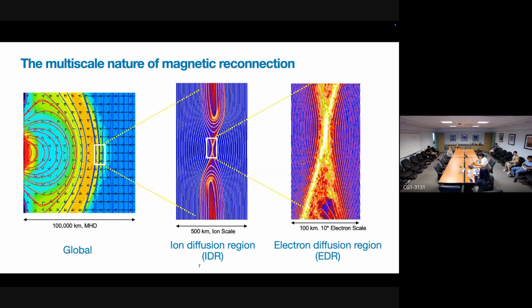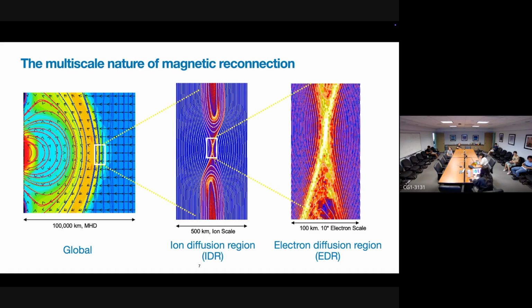Here is a sketch showing the multi-scale nature of magnetic reconnection. The diffusion region we just mentioned is only the very tiny area at the very center of reconnection here. First, to the left, we're looking at the MHD scale, or the global scale. It's often several RE or tens of RE.